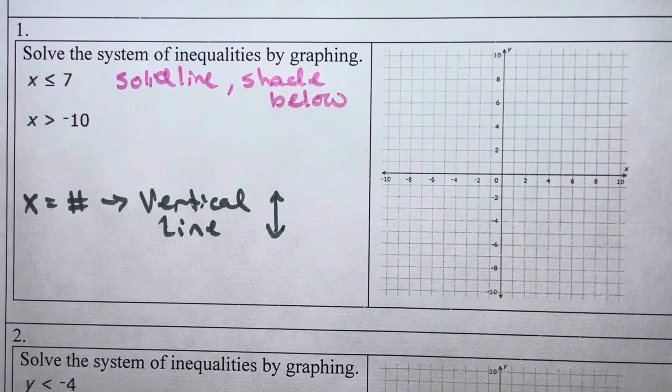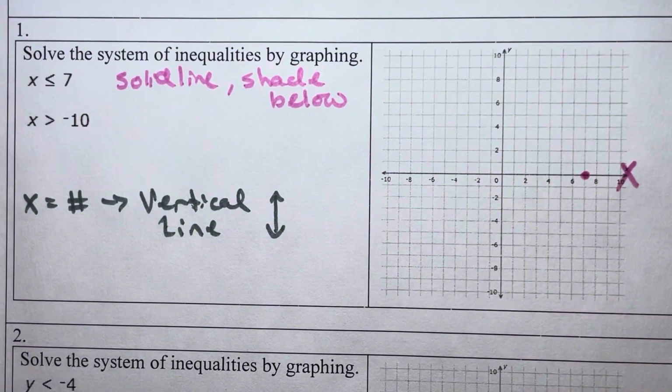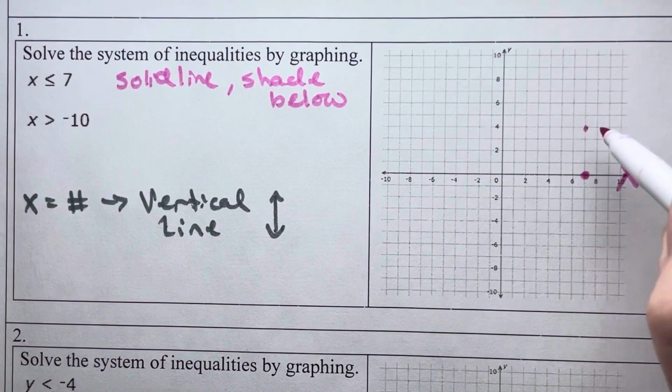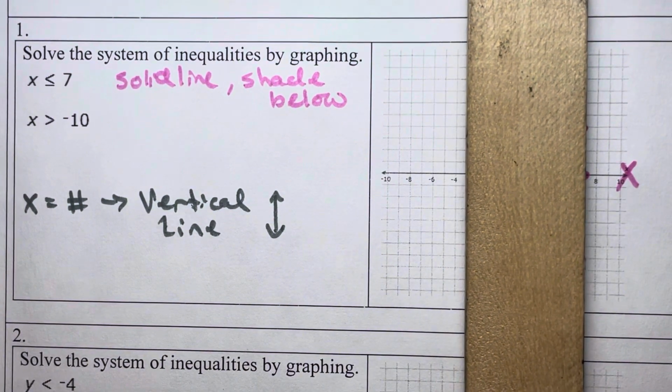So let's place that here on our coordinate plane. We've got +7 on the x-axis, and this is a vertical line straight up and down, and it is going to be solid. So let's get out your straight edge and do that.